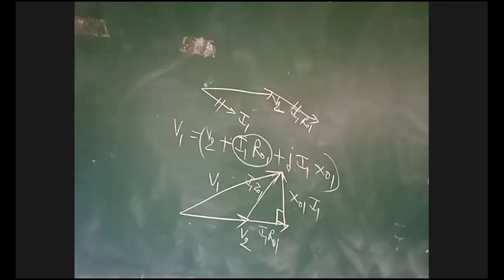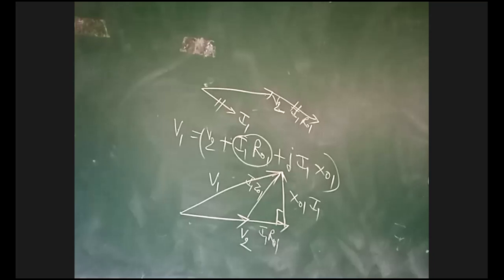Why am I taking these two parallel lines? What is I1 into R01, voltage or current? I1 multiplied by resistance, current multiplied by resistance, is voltage. For I1, I take a parallel line for I1 into R01.